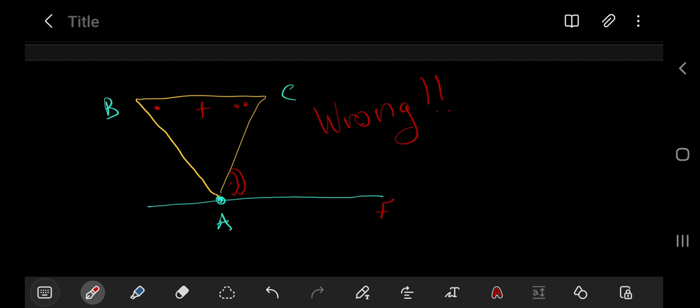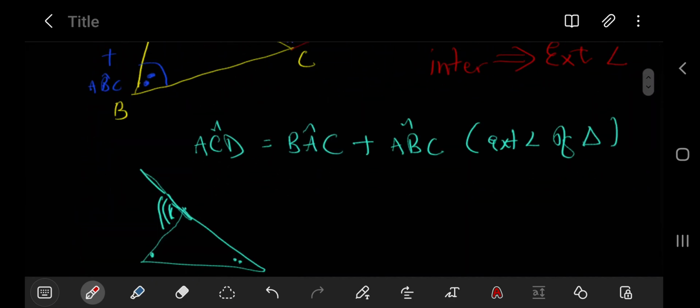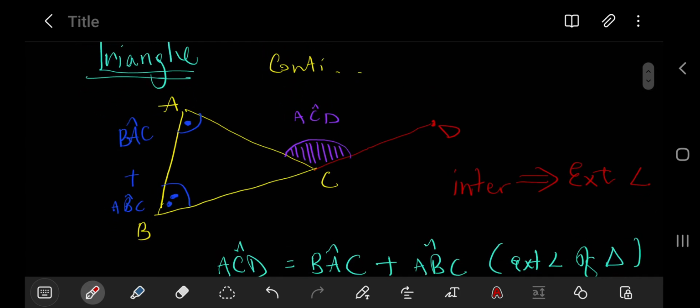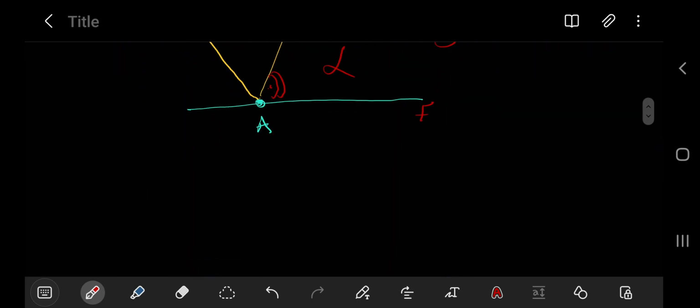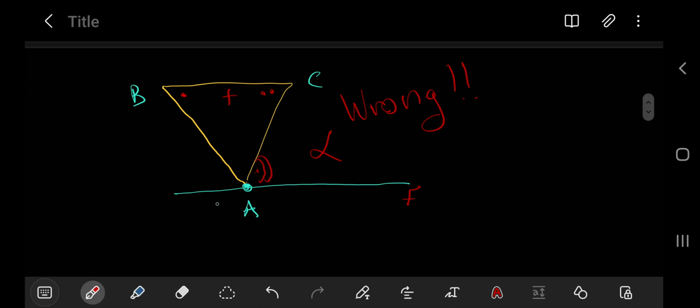So this cannot be an exterior angle, right? But if you look at the example that we had up there, you can see that CD is a continuation of BC. It is a continuation of one of the sides of the triangle. So now you can have an exterior angle, okay? So just be careful that when you check an exterior angle, it must be a continuation of one side, okay?